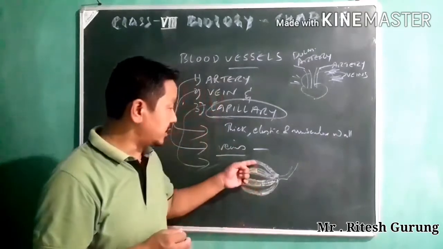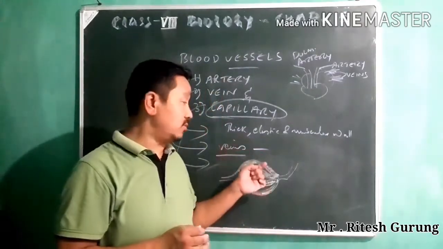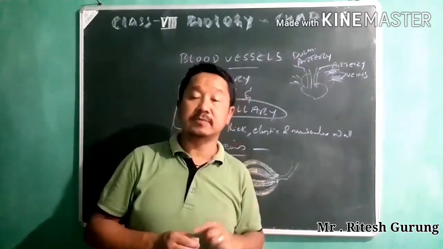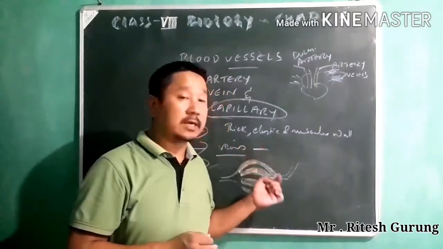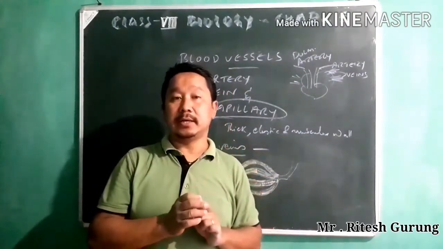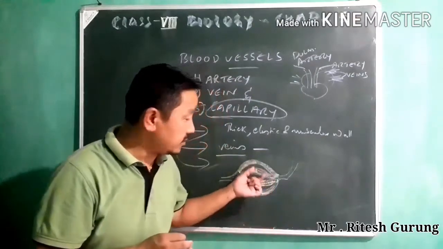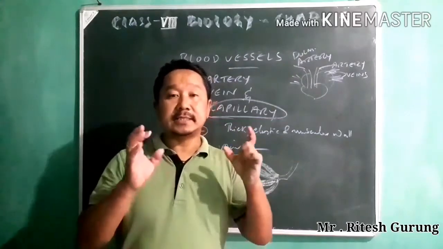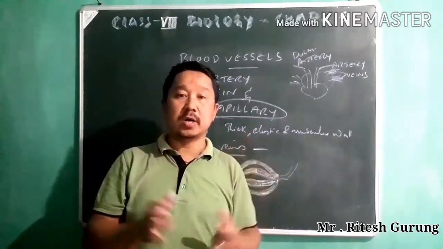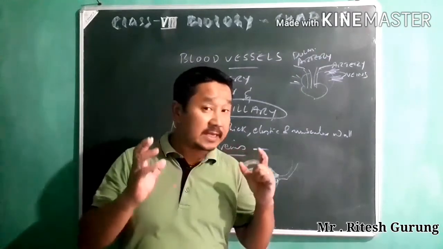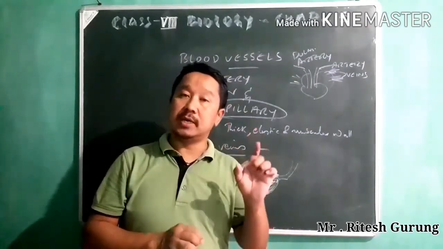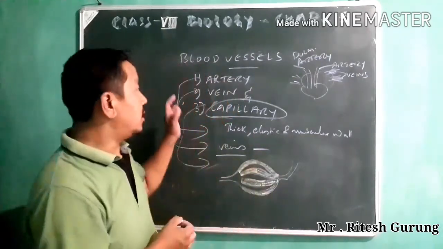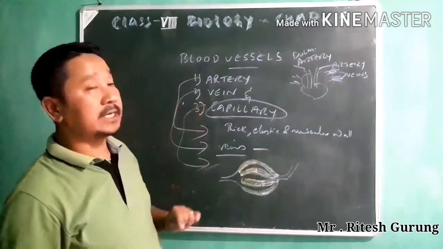The wall of the capillary is so thin that an exchange of nutrients, waste products and gases takes place very easily between the blood and the body fluids. So this is all about blood vessels: arteries, veins and capillaries.